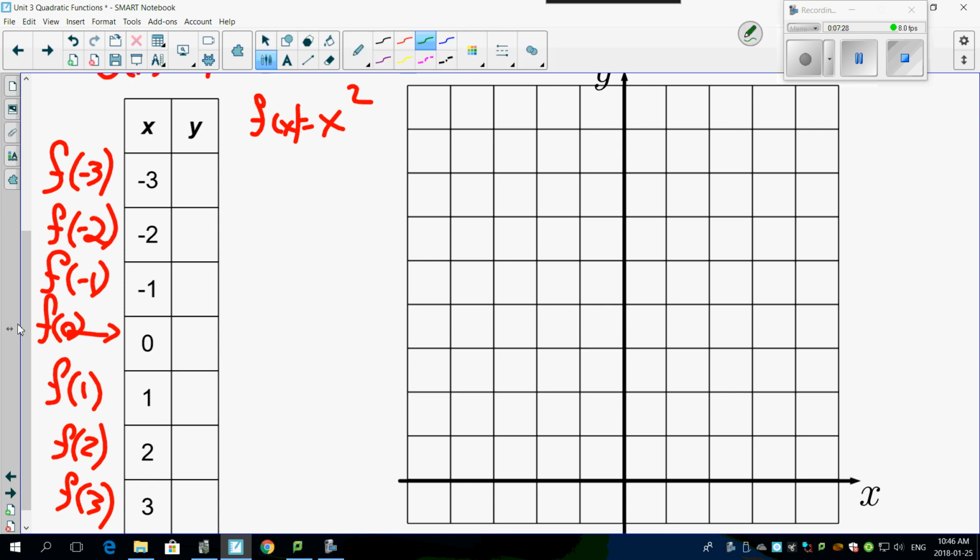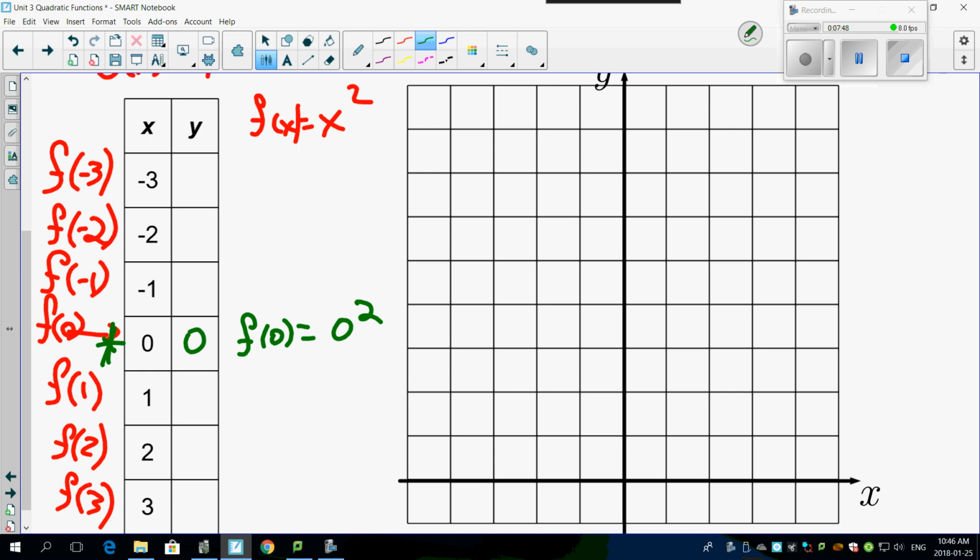The best one to substitute in is this guy. I love playing with the 0 because the 0 is the easiest number in the world. So if you think about this, this is f of 0, which means you're going to plug in a 0 for the x. 0 squared, oh my goodness, that was just way too difficult.